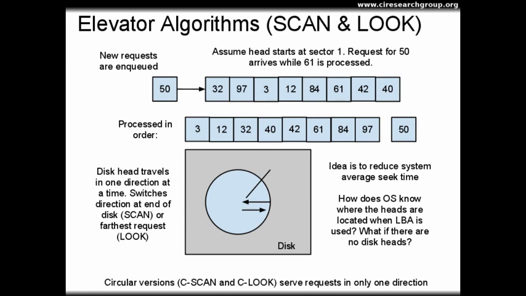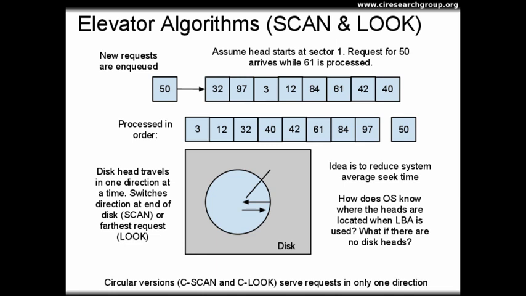Historically, several attempts have been made to try to improve this behavior. One example would be the scan algorithm, or the elevator algorithm. In this algorithm, the drive head only moves in one direction. It serves all the requests in that direction before moving back in the other direction.